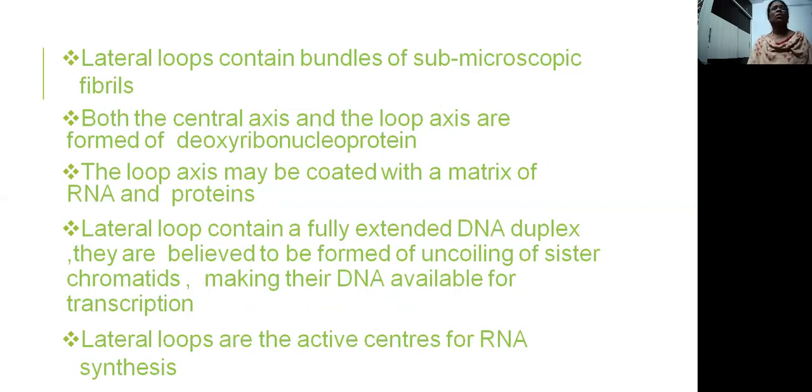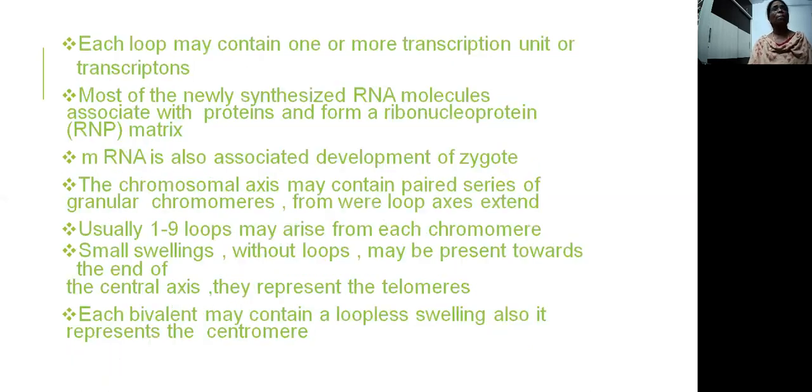So, just as in the polytene chromosomes, where there is an extension of puff-like structures, here there is a formation of loop-like structures which have the same function. So here also the transcription is taking place more. These lateral loops are the active centers for RNA synthesis.